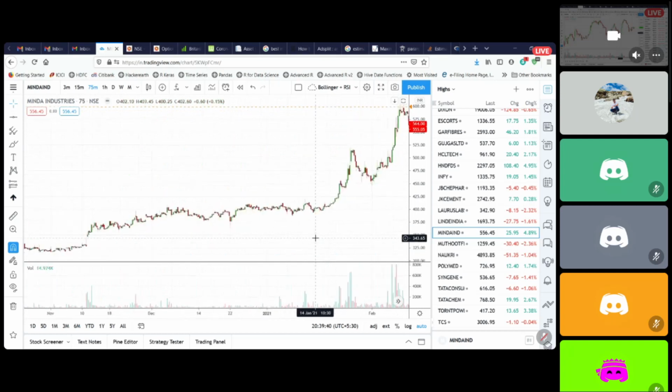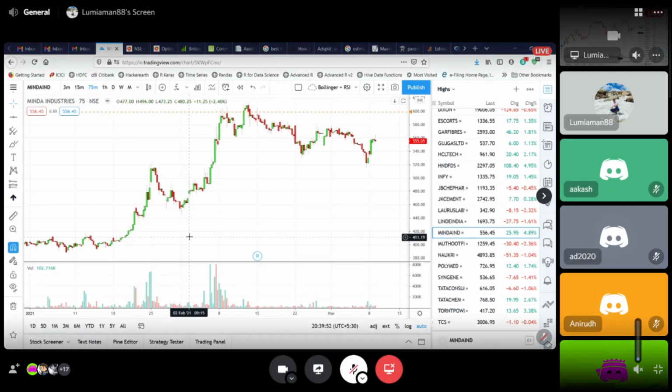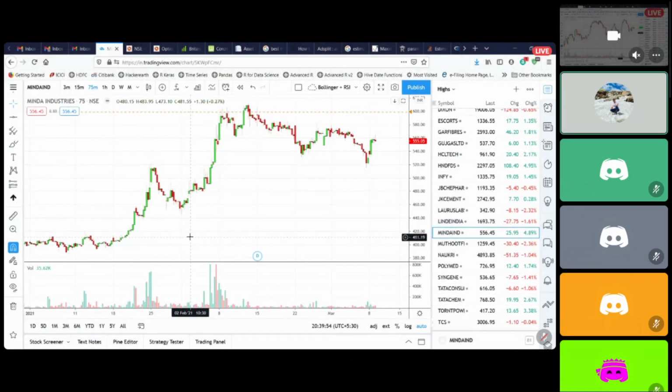I have a question in this graph. Would you say after it hit 600, it's in a downward trend because it's making higher lows? Higher lows wouldn't be a downtrend, right? Lower highs and lower lows would be your downtrend. Right, that's what I meant. See, after 600, these red candles show that it's breaking the support, right? No, there is no support yet. Support was directly at 515 only.